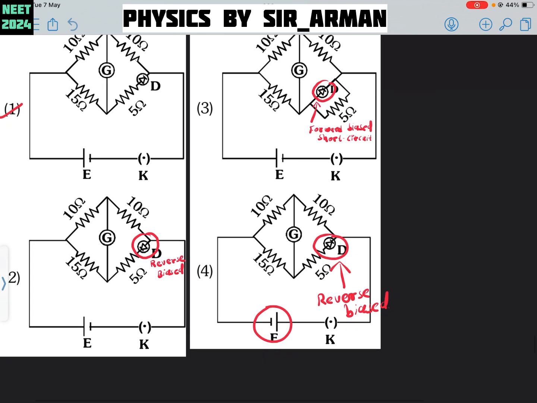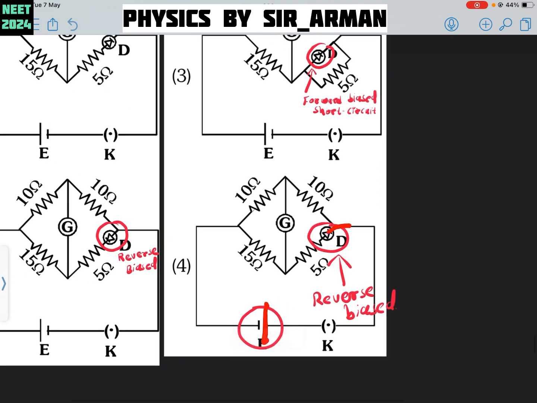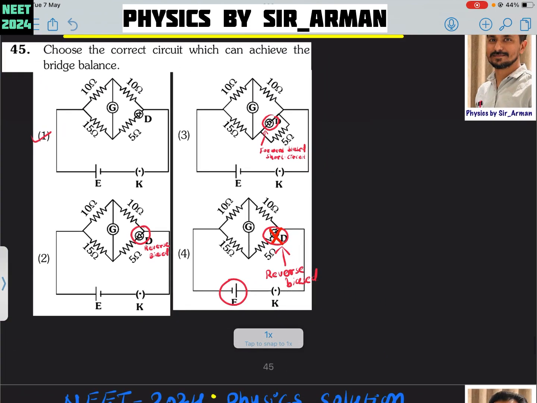For this fourth one, here it is positive, and here a diode is connected such that its negative terminal is connected with the positive, which means it is reverse biased. Reverse bias provides infinite resistance, so it has very high resistance again, so this cannot be used to achieve a balanced Wheatstone bridge.